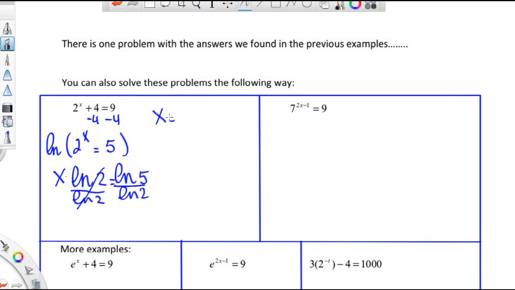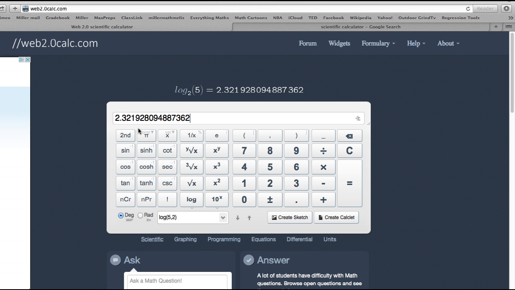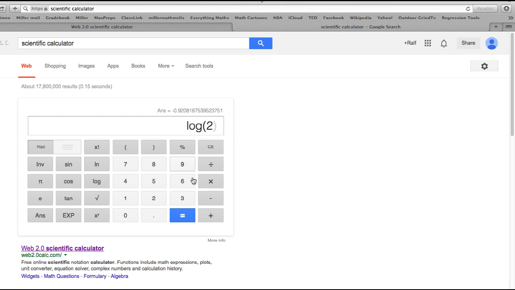So why would I do this again? Well, what if I only had that first calculator, the one that didn't allow me to change the base? Is x equal to ln 5 over ln 2 worth the same as on the other calculator? This is what we're supposed to get, 2.321928 and then some other stuff. So how about here? Do we have a natural log button? Yeah, right there.